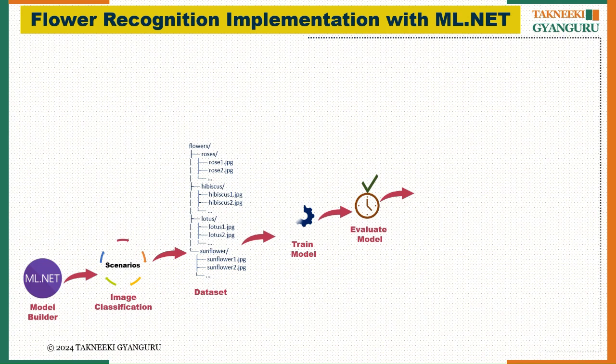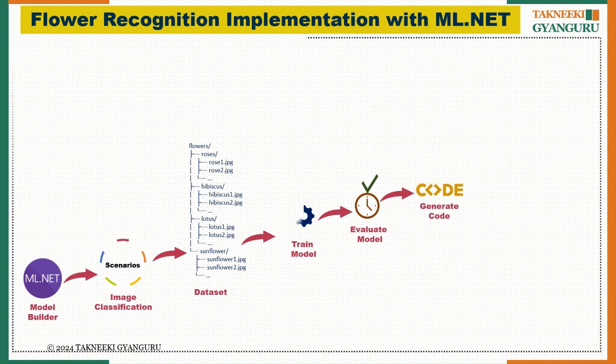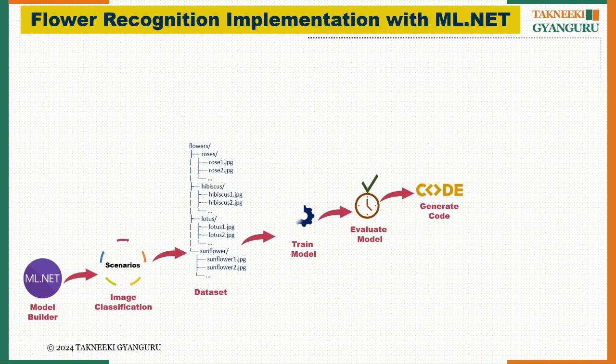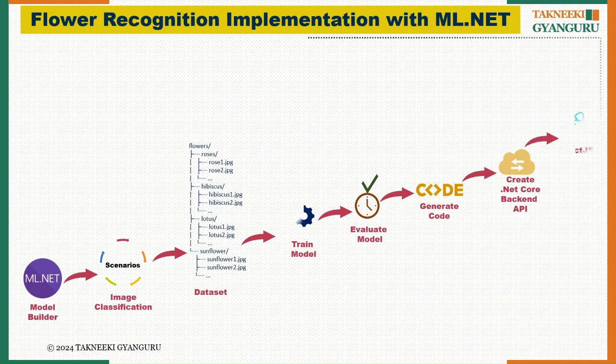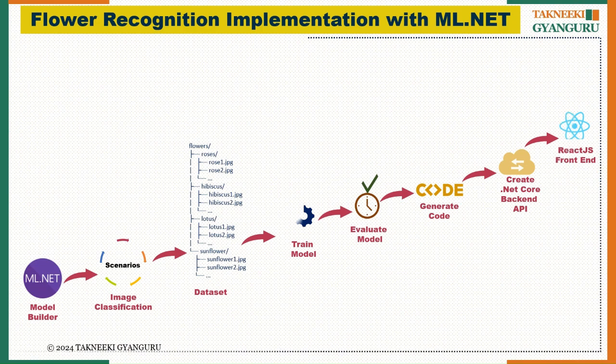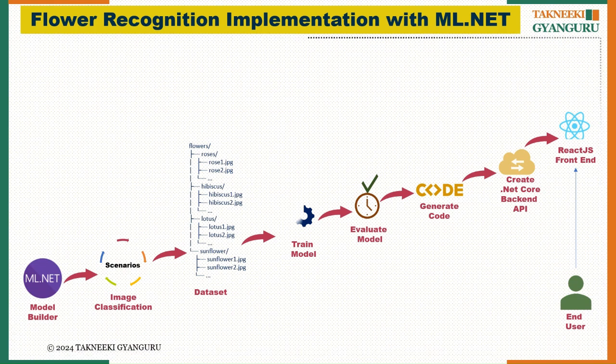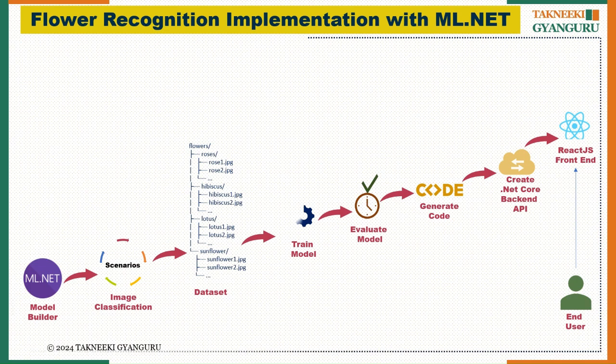If it is working fine, then we will generate code from this model, and then we will create a .NET Core backend API where this model will be used. And then finally we will create a React.js frontend application where the user will upload the image and recognize which flower it is.